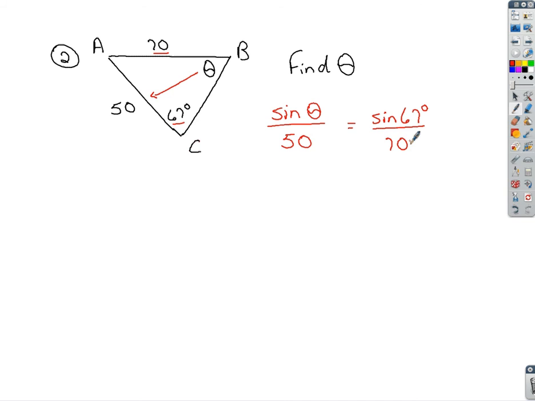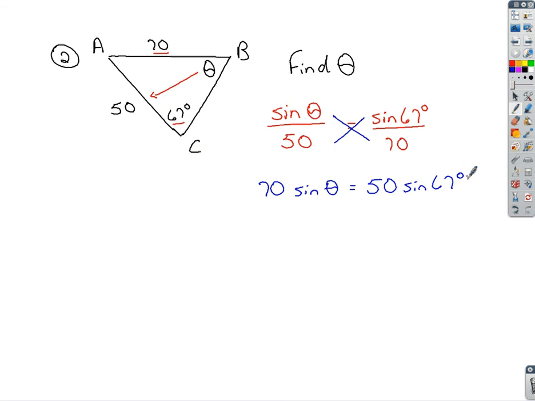I set that up. Objective is to figure out what theta is. So cross multiply. If we cross multiply, we've got 70 times the sine of theta equal to 50 times the sine of 67 degrees.